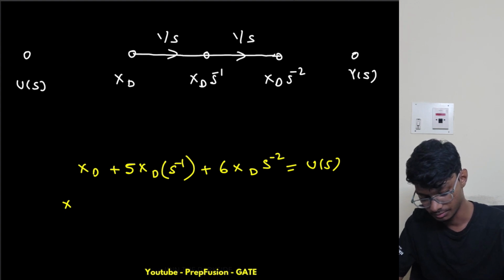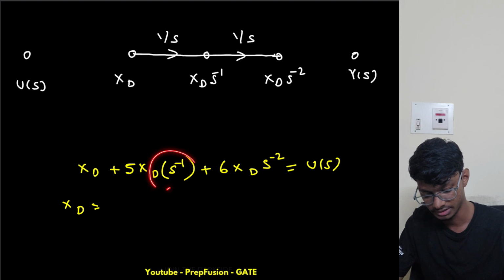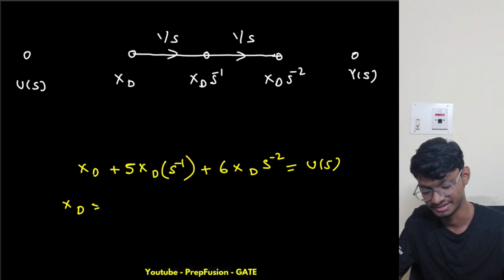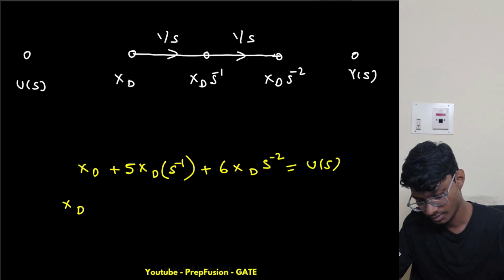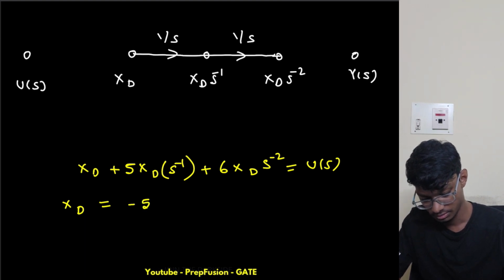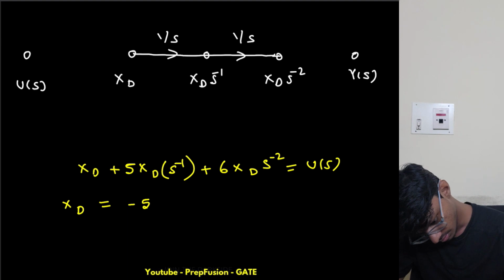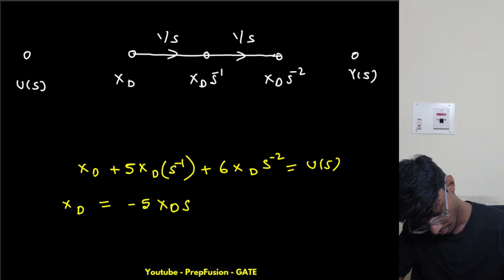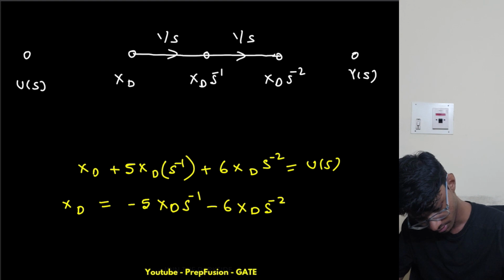Basically these are my other state variables, it's just hidden, right? So this is minus 5 s inverse minus 6 xd s to the power minus 2 plus u of s.